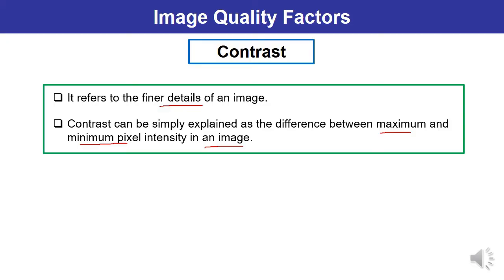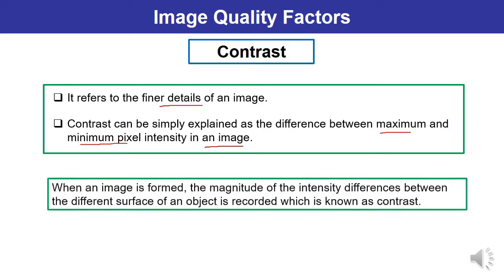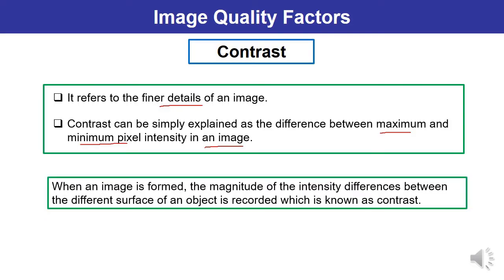Similarly, objects reflect light in a non-uniform manner because their properties also differ. Therefore, when an image is formed, the magnitude of the intensity differences between the different surfaces of an object is recorded, and this is known as contrast.